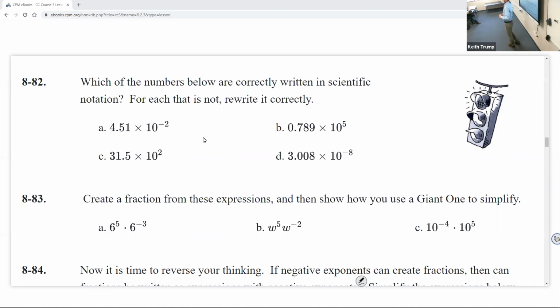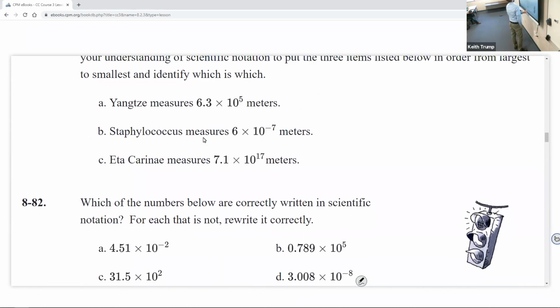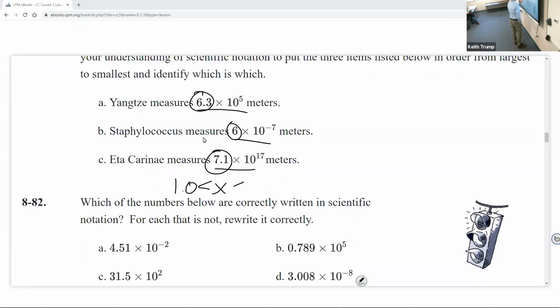Now, there are a few rules with scientific notation. The first rule is that, as you can see here, these numbers are all in scientific notation. The first number has to be between 1.0 and, I'm putting x as the number, it can include 1.0, and it has to be less than 10.